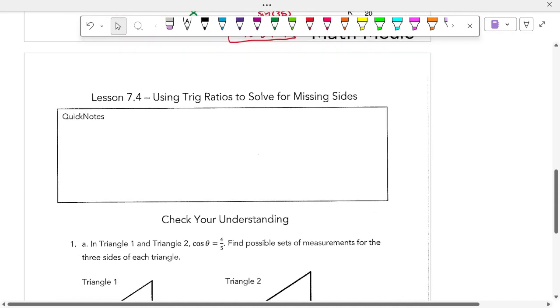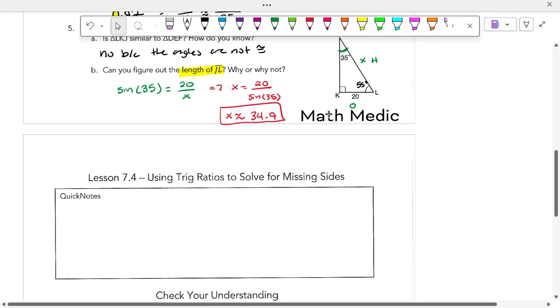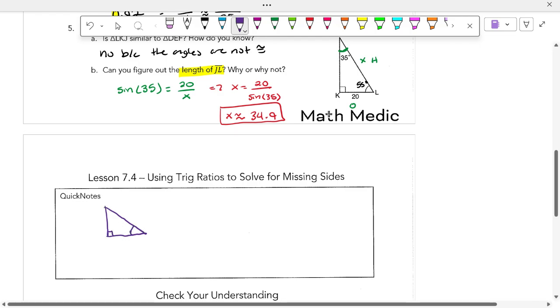All right. So basically, your quick note here is just if you are given a triangle with a reference angle of theta and then three sides, so x, y, z. All right.